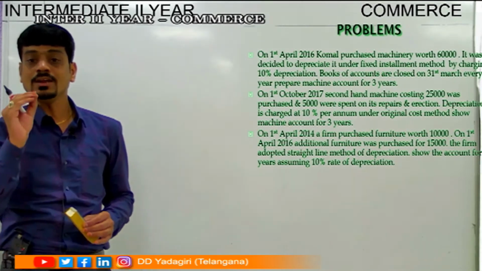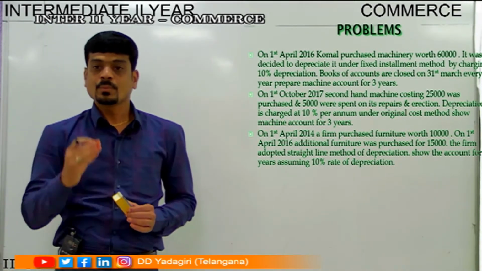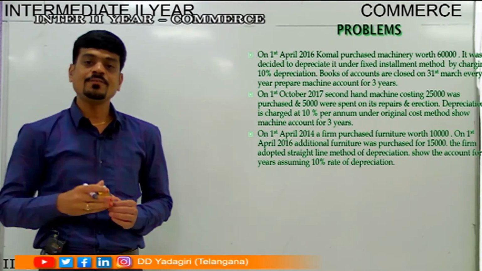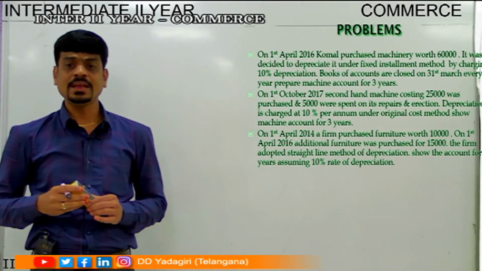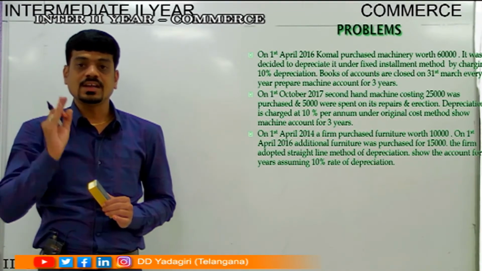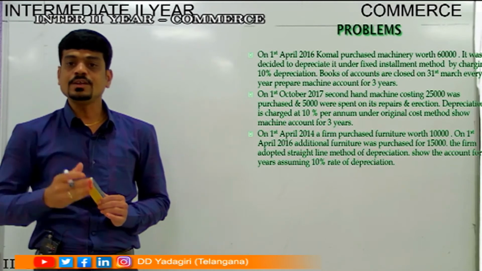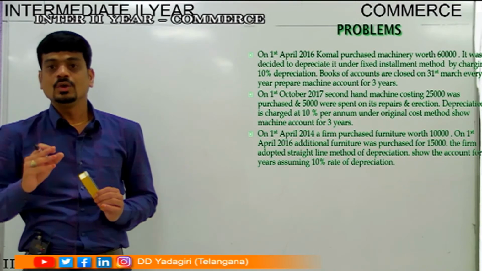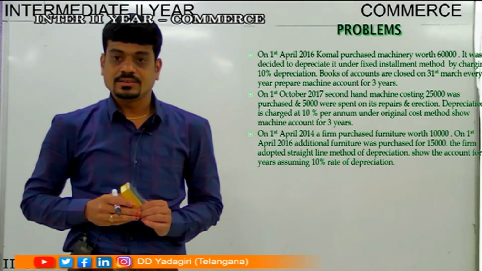We bought it on 1st October for 25,000. And how much have we paid for repairing it? 5,000. So total cost is 30,000. How much is the depreciation again? 10%. Which method? Original cost method.